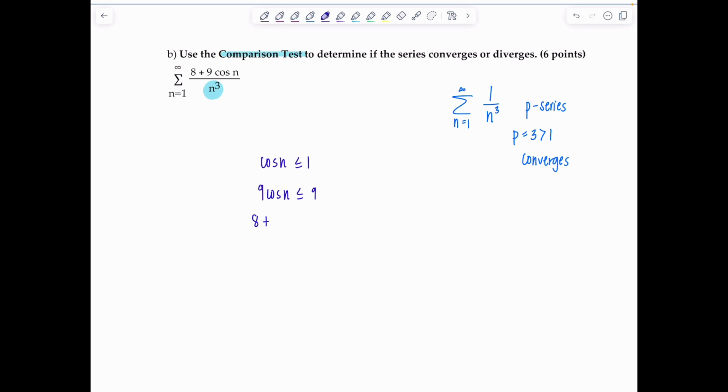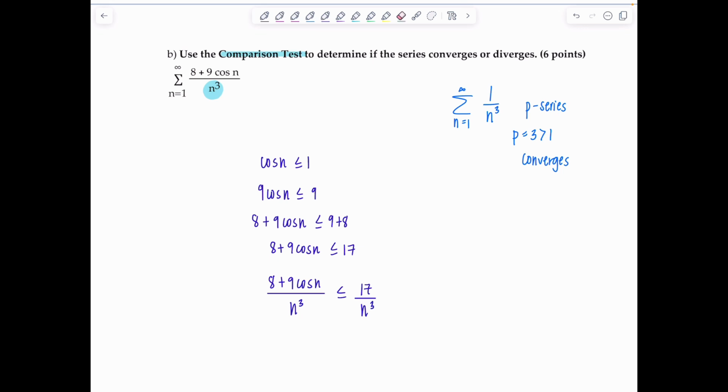And then 8 plus 9 cosine n would be less than or equal to, just add 8, 17, yes? So then if I divide by n cubed, nothing's going to change. So now I've shown that the terms of my series are less than or equal to 17 over n cubed.